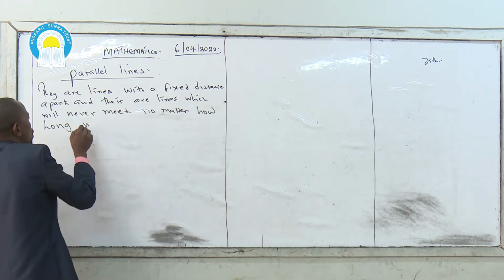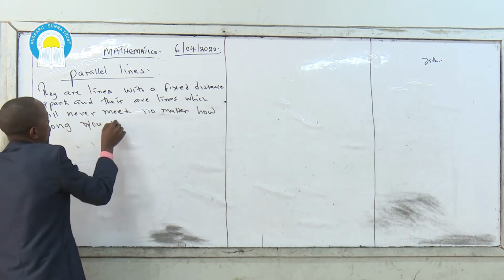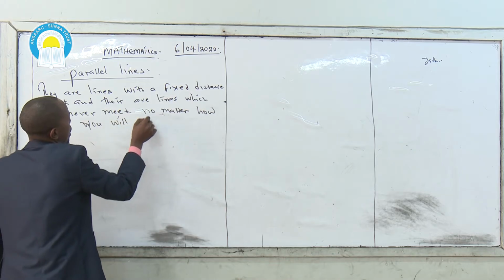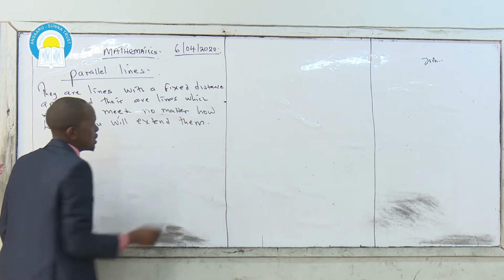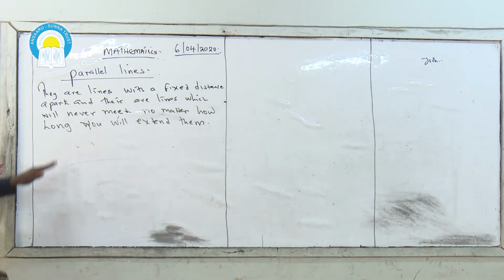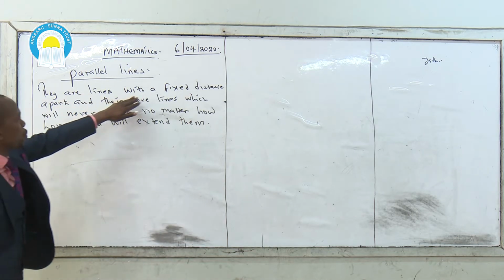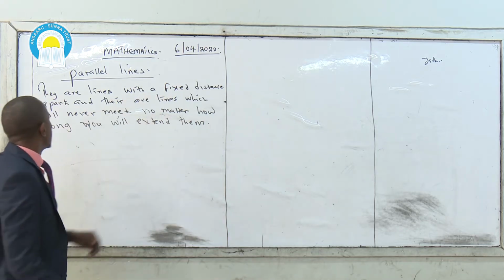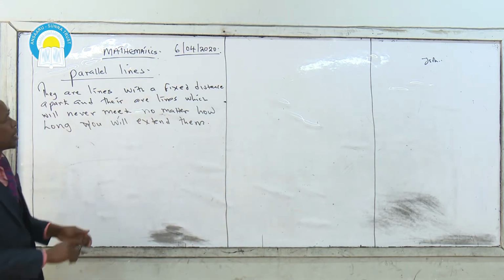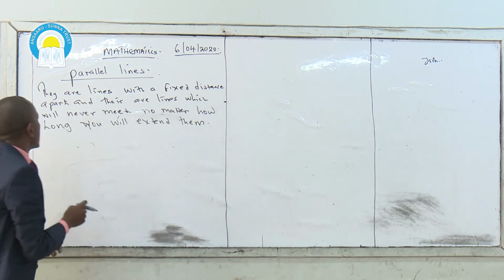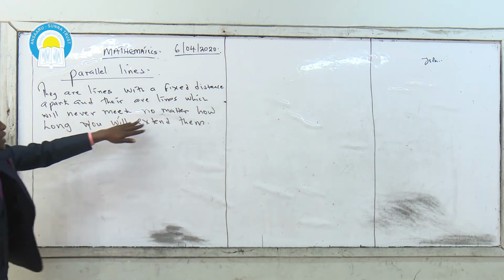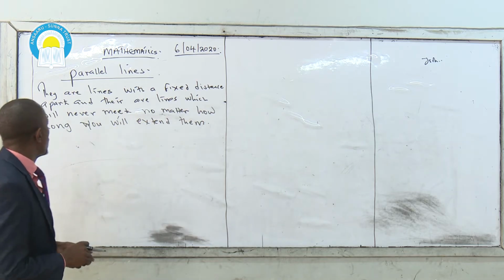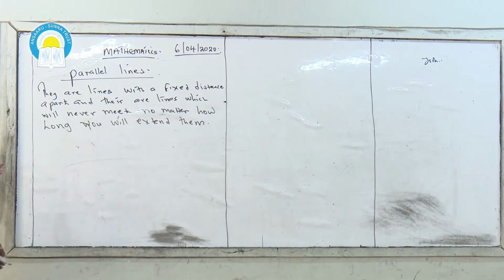No matter how long you extend them, they will never meet. So these are lines with a fixed distance apart, and they are lines which will never meet, no matter how long you extend them.